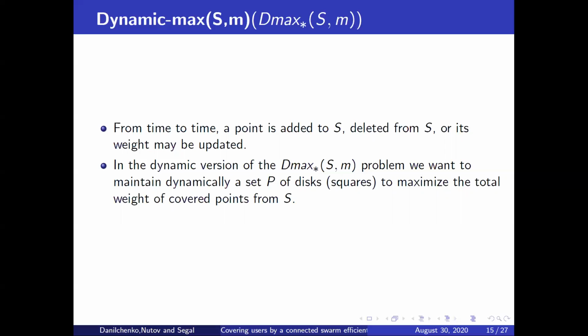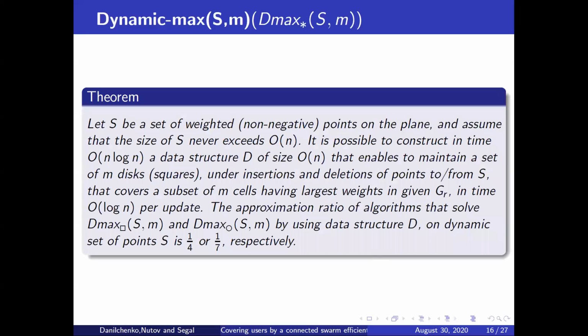In the dynamic version of the problem, we want to maintain dynamically a set P of disks or squares to maximize the total weight of covered points from set S. The main result in the dynamic version of the problem under connectivity provided by a third party is that we can approximately solve the dynamic version with a ratio of a quarter in the case of squares and a ratio of a seventh in the case of disks.